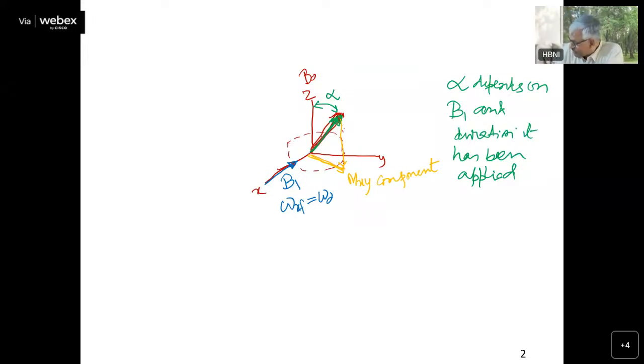Okay, and this MXY is equal to M sin alpha. This M is the equilibrium Z component magnetization that we saw before applying this radio frequency, which you saw along the Z axis.